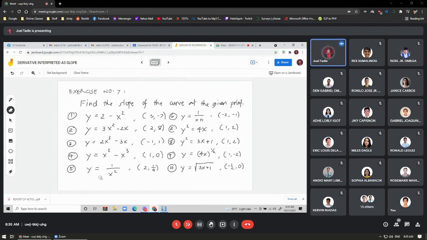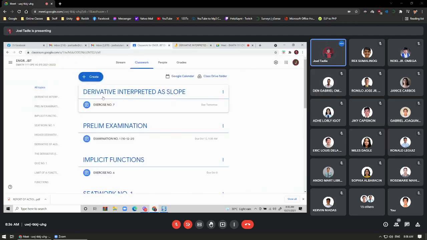Sketching of curves you already know, since it is a prerequisite from geometry: plotting of points, sketching of curves. If you forgot, review them. Show your M. Screenshot it, please, guys. Exercise number 7 is created in our classroom. Submit and upload your answers there. The deadline is tomorrow.